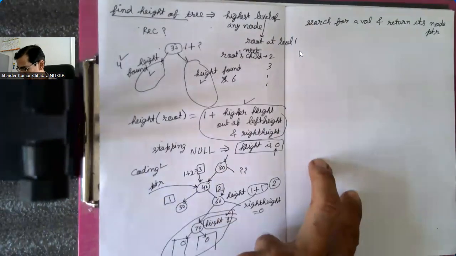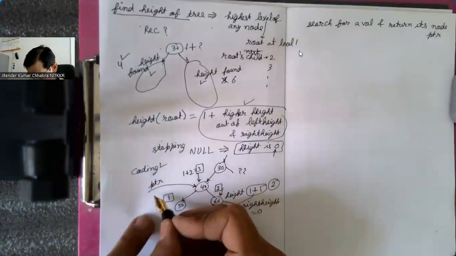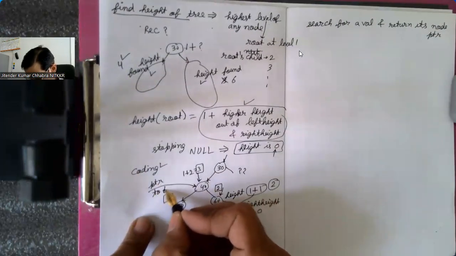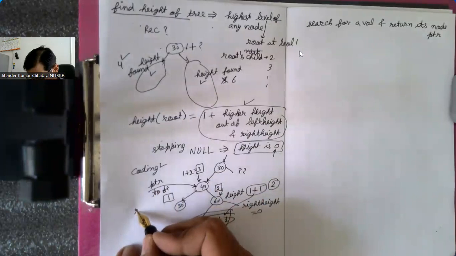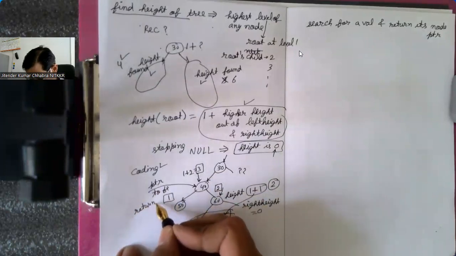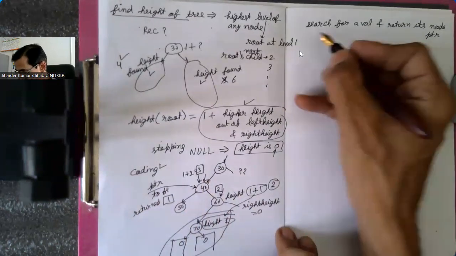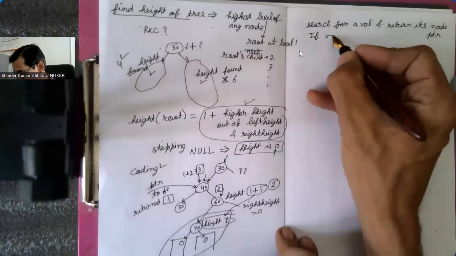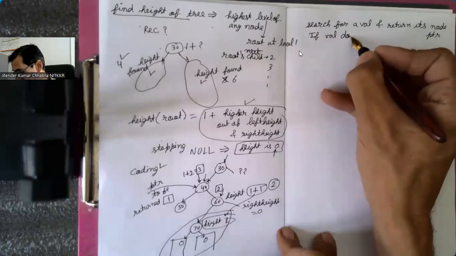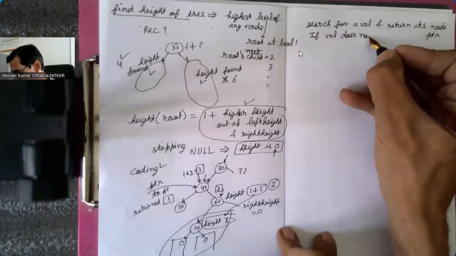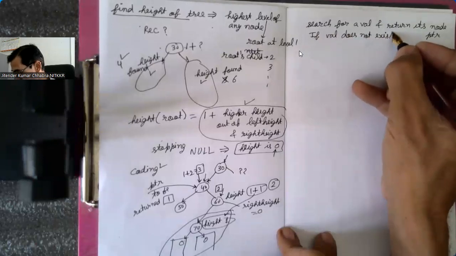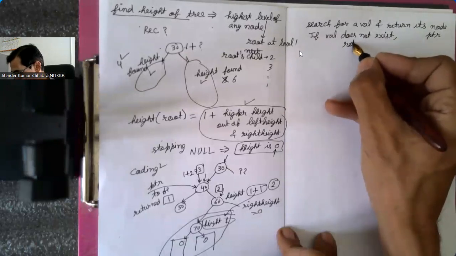So in case of a search, I want the node pointer corresponding to 40 to be returned. If the value doesn't exist, null should be returned because I am returning a pointer. So if the value does not exist, return null.